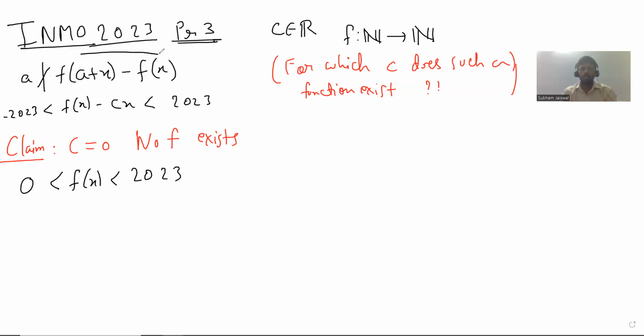And this is the key thing, that a does not divide this, obviously for a not equal to 1, otherwise it obviously divides. It does not divide this for all a not equal to 1. So 2 doesn't divide f(2 plus x) minus f(x) for any x also, and for any a.